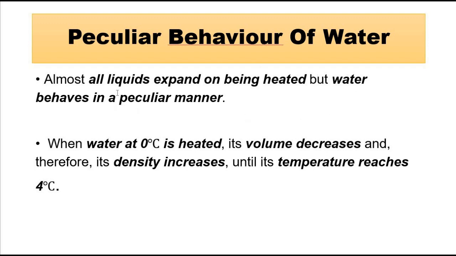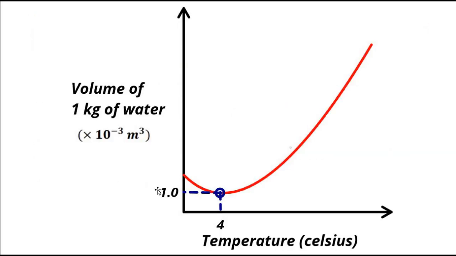But water behaves in a peculiar manner in the range of 0 degrees Celsius to 4 degrees Celsius, especially at the 4 degree Celsius point. So when water at 0 degrees Celsius is heated, here we have represented it in terms of a graph where we have 1 kg of water initially at 0 degrees Celsius. It is heated in a container.